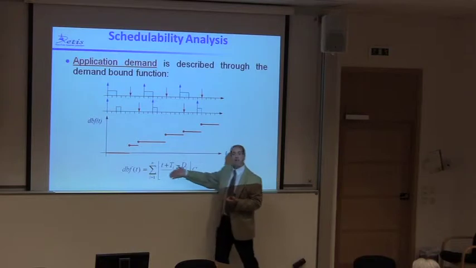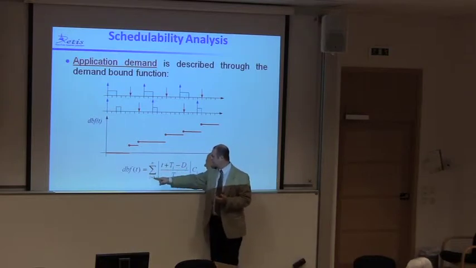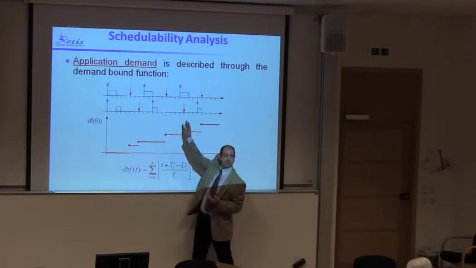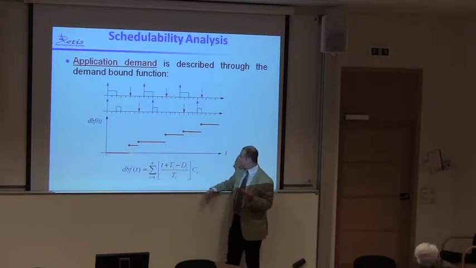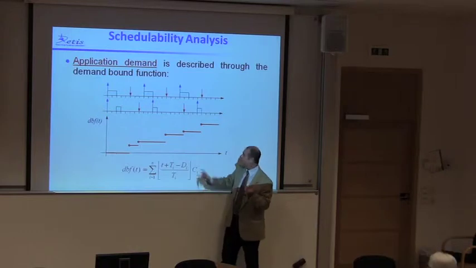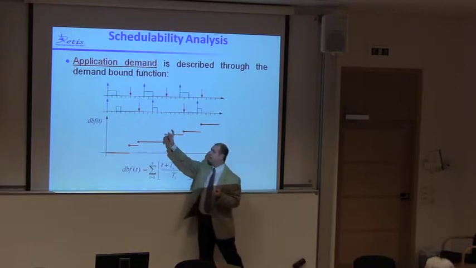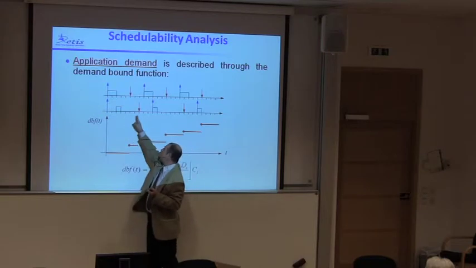For each task, so the summation is done over each task, we consider a step function which increases by the worst-case computation time every time we cross a deadline.